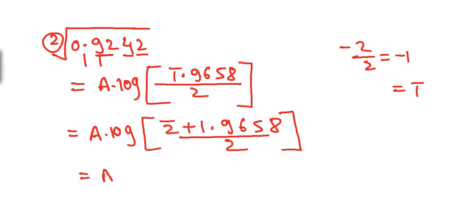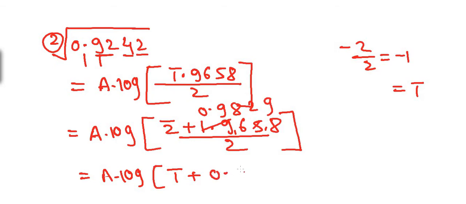So that is equal to the anti-log of bar 2 divided by 2 is bar 1 plus, now let us divide 1.9658 by 2. Now 2 9s are 18, remainder 1, 2 8s are 16, 2 2s are 4, and 2 9s are 18. So it is 0.9829.